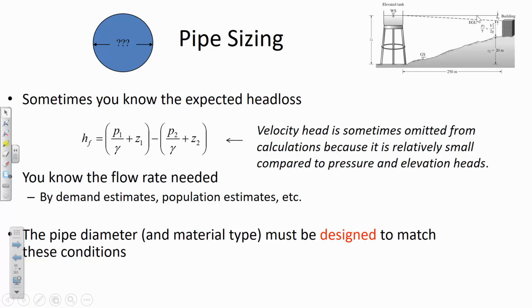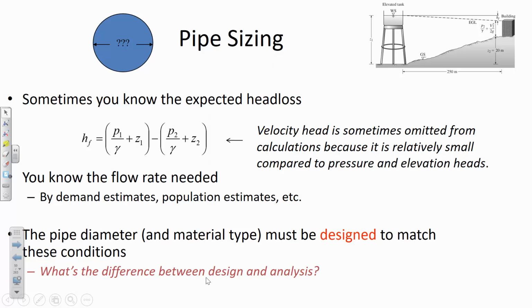And so the design juggling process that you're going through is checking to make sure there's not too much head loss. If there is too much head loss because of an undersized pipe, then you haven't delivered enough pressure to the downstream location. But if the pipe is too large, you have satisfied the downstream pressure that's required, but you're spending too much on that large pipe. So this process tells you to match the required pipe size to the allowable head loss for a certain flow rate.